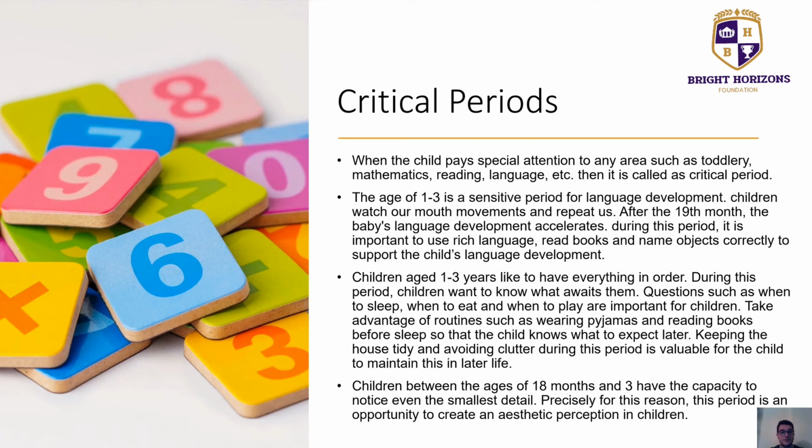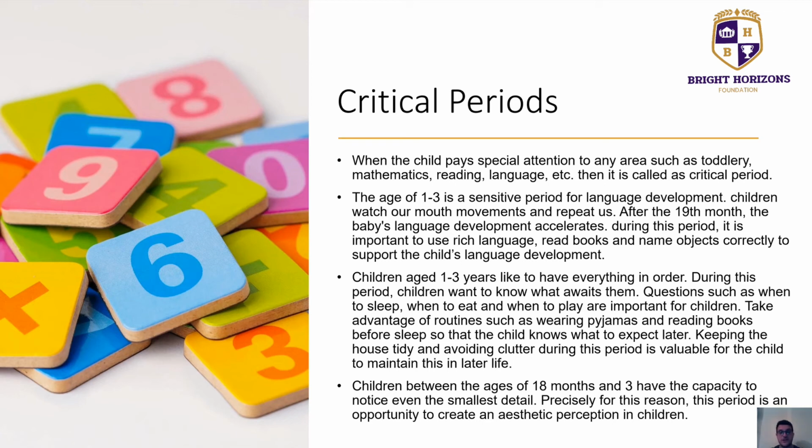The age of 1 to 3 is a very sensitive period for language development. Children watch our mouth movements and repeat us. After 19 months, the baby's language development accelerates. During this period, it is important to use rich language, read books, and name objects correctly to support the child's language development.